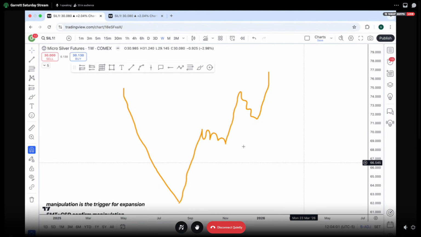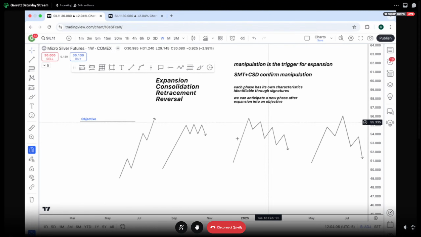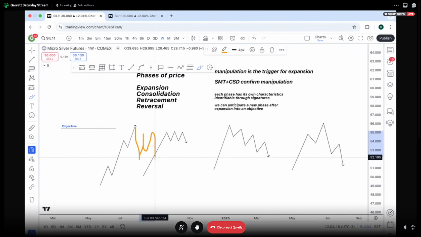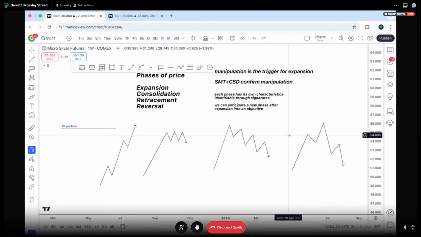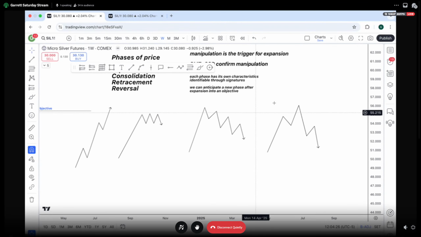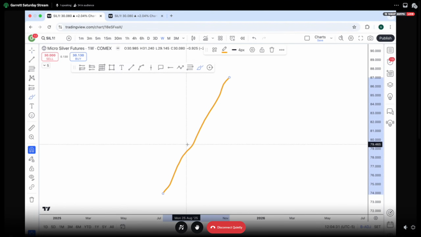So that's consolidation. We all know what that is pretty much, but we can anticipate it after an expansion into an objective, right? And that lack of displacement the other way, leaving failure swings on both sides, is typically just consolidation. Retracement is almost like consolidation, but we can retrace deep into a range.